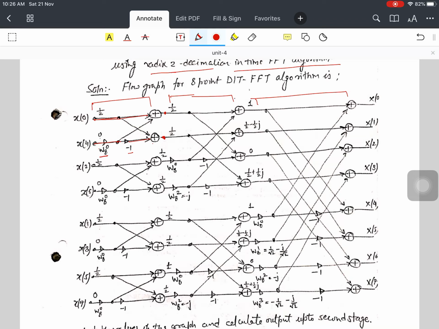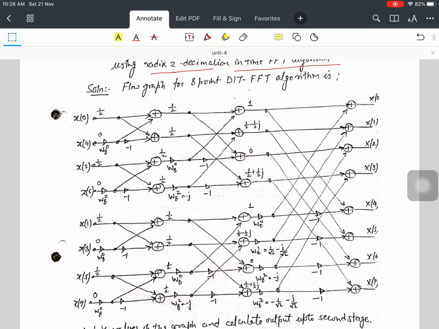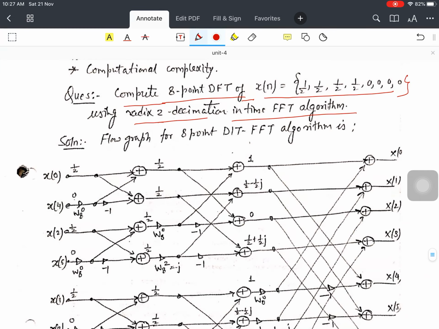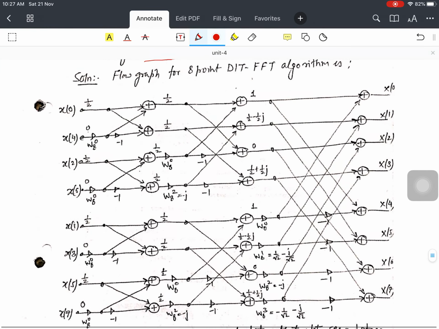Both are summed at this point. If I talk about the simple structure, if you want to remember it, it is very easy. Firstly, you start at this point. You just have to draw 8 lines, because you are going to use 8 point DFT. 1, 2, 3, 4, 5, 6, 7, 8.